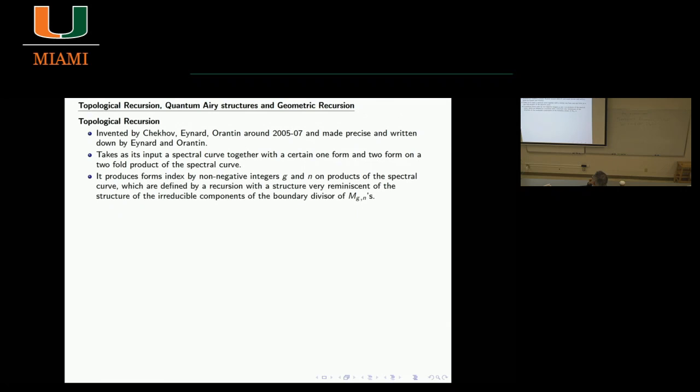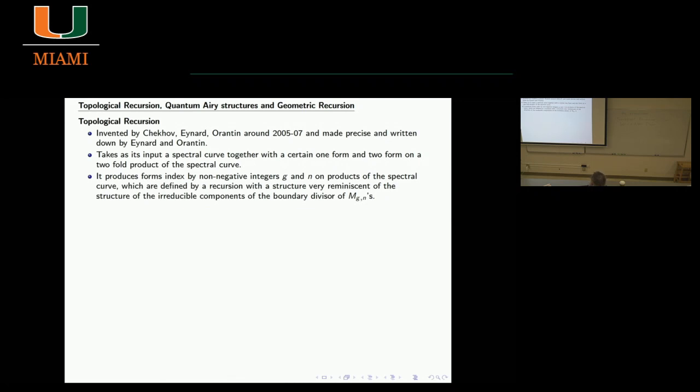As you have seen in lectures here, it takes as input a spectral curve together with a 1 form and a 2 form on a twofold product of the spectral curve. It produces forms that are indexed by non-negative integers g and n on products of spectral curves. So on n-fold products of the spectral curve is where omega g,n lives. They're defined recursively by a scheme that's reminiscent of the irreducible components of the boundary divisor of M g,n bar.